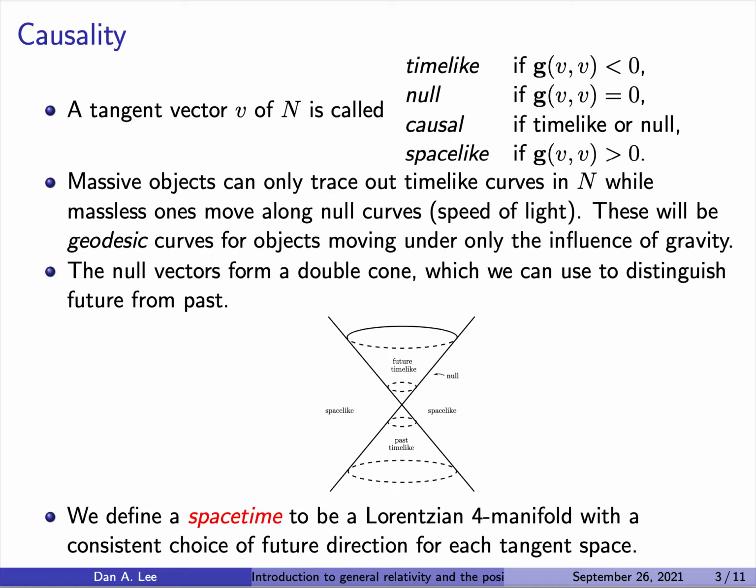You can always choose an orientation at every point, but you want to make sure it can be done consistently. And this is the same thing. At every point, there's a choice of which side of the cone you want to call the future. And if you can do that consistently, we call that a spacetime. That seems very reasonable to want on physical grounds, that we can distinguish future from past.